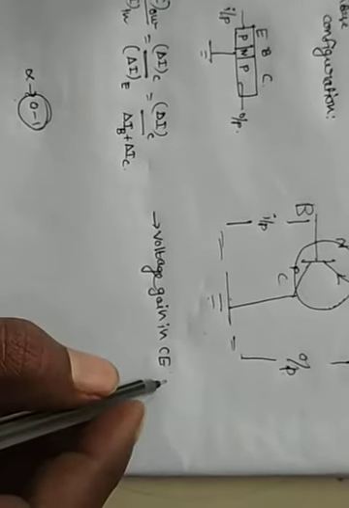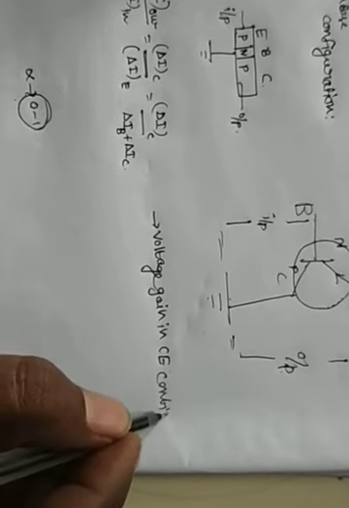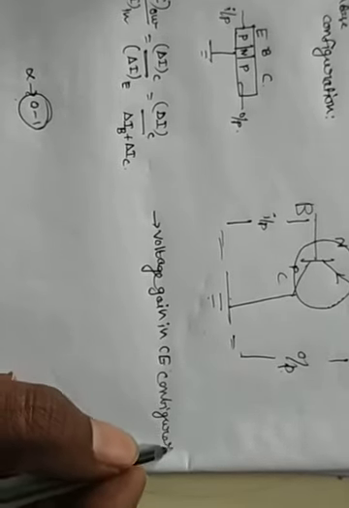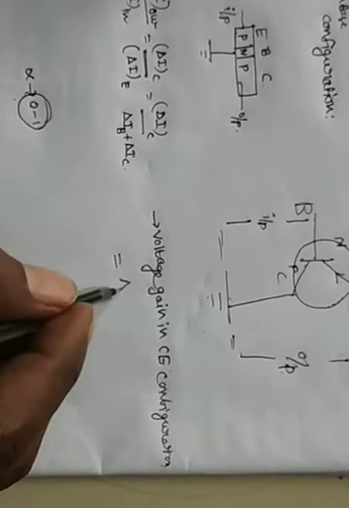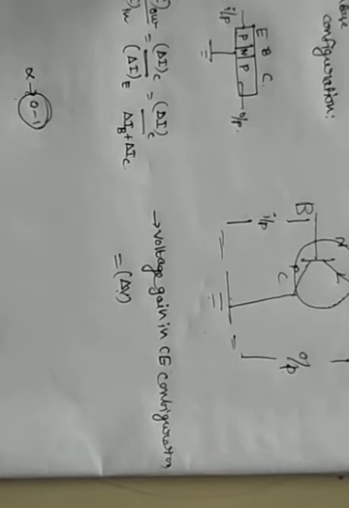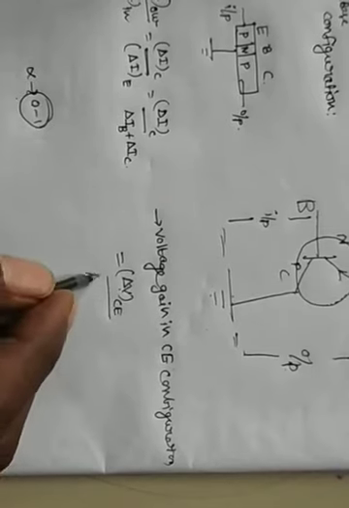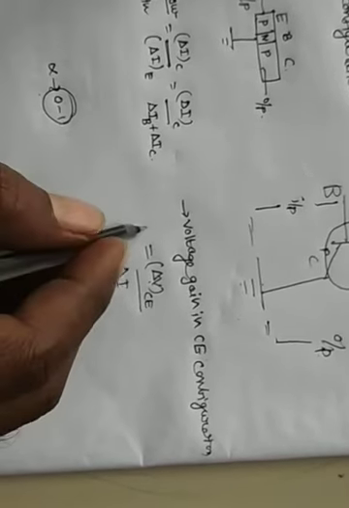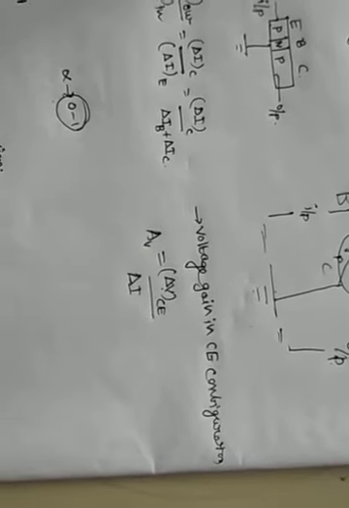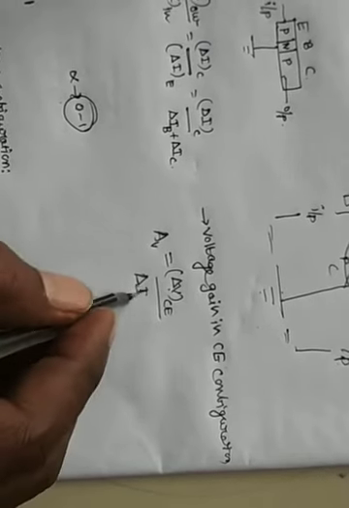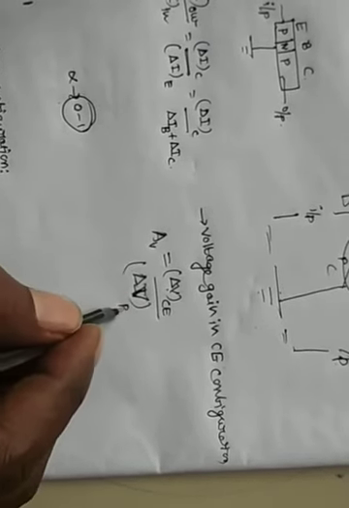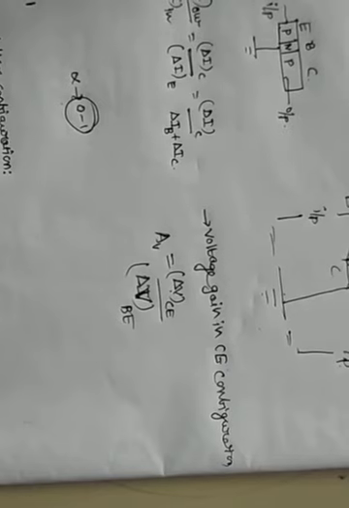Voltage gain in common emitter configuration is the change in output voltage, which is VCE, by the change in the base emitter input voltage. This is represented by A suffix V.